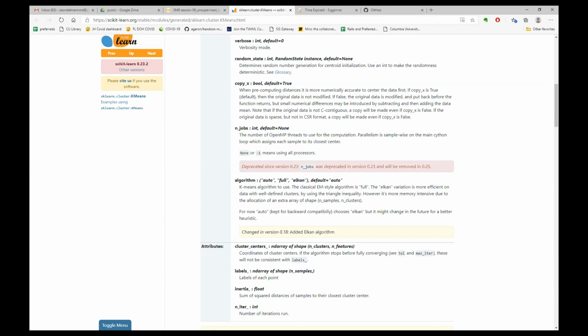So the auto switch allows scikit-learn to just decide on its own which one works better. So they say full is the classical algorithm, and auto chooses Elkan. So, okay.